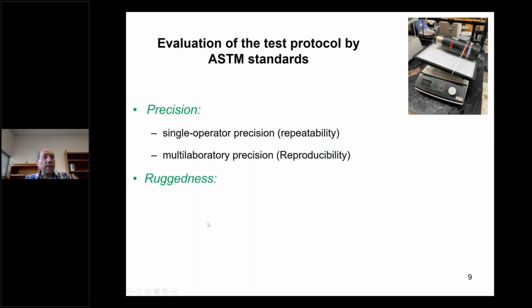And also we use the ruggedness to evaluate significant effects. So those variable parameters that I mentioned before, we tested them to see if they have significant effect on the ice melting capacity of the deicers or not.